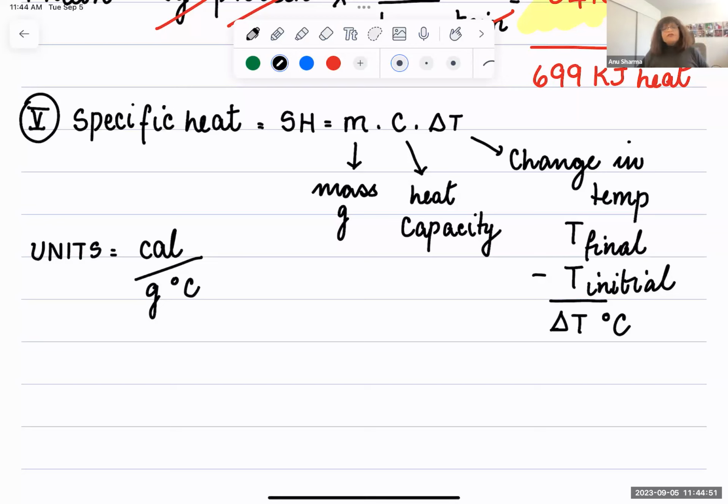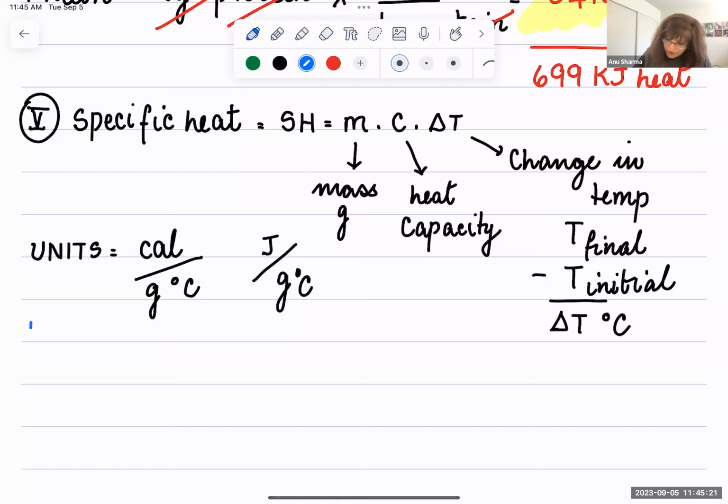So you see, using the unit, you can write a definition of specific heat: the amount of heat that is absorbed by 1 gram of substance to bring a change in temperature by 1 degree Celsius. Now, the same thing can also be written in joules, so joules per gram degree Celsius. Remember, calories and joules can be converted.